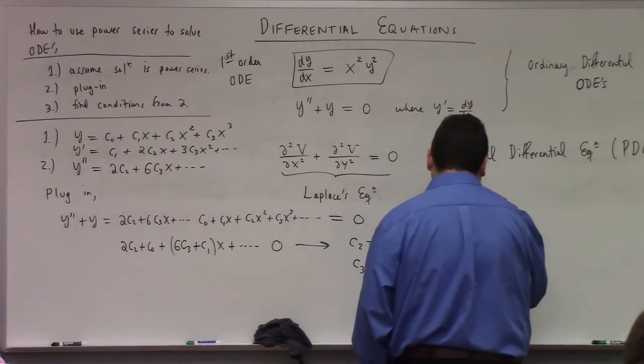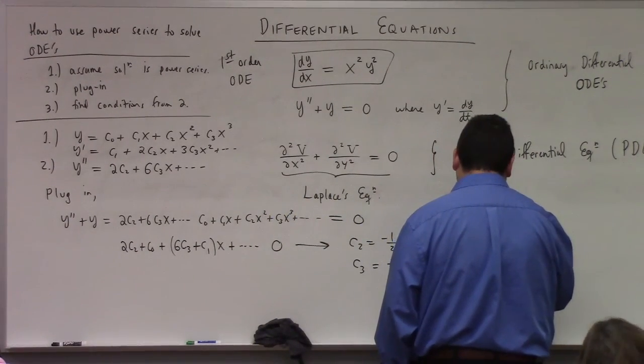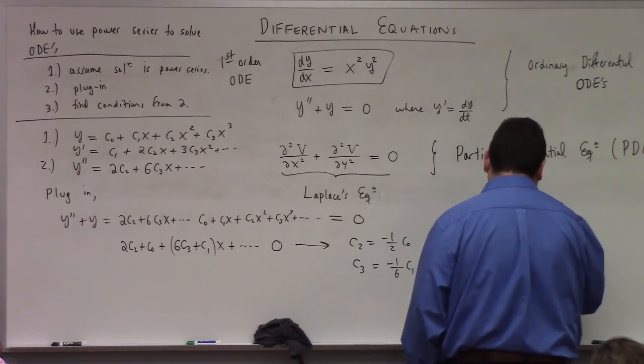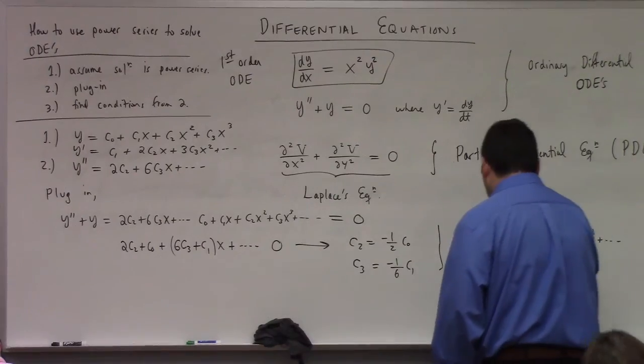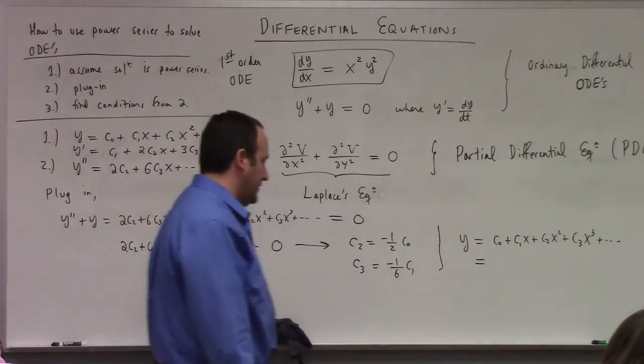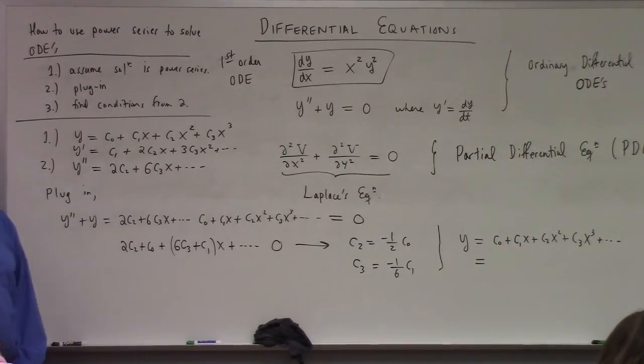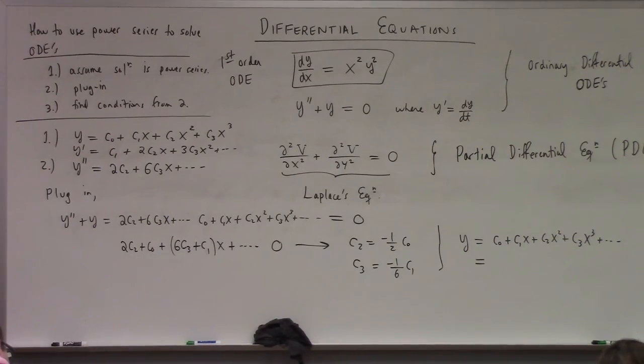So y is equal to c0 plus c1x plus c2x squared plus c3x cubed plus dot dot dot. And you see that the even and the odd terms get grouped together. There's a linkage between successive even terms and successive odd terms in the solution.